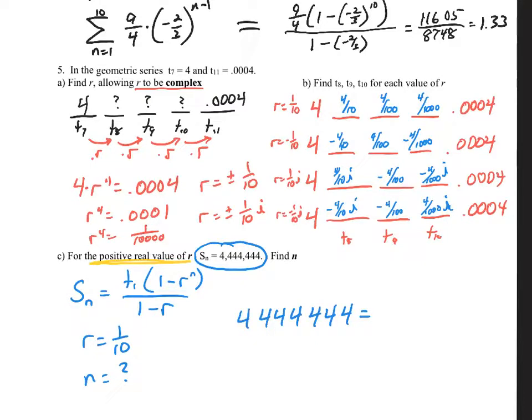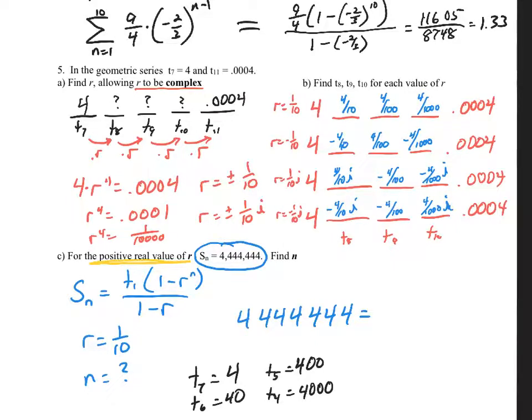We don't know what T1 is, but we can very easily figure out what T1 is just by backtracking and timesing by 10. So T7, for example, is 4. And so we would be timesing by 10. So T6 would be 40, and T5 would be 400, and T4 would be 4,000, etc. So T3 would have 4 zeros, T2 would have 5 zeros, and T1 would have 6 zeros.